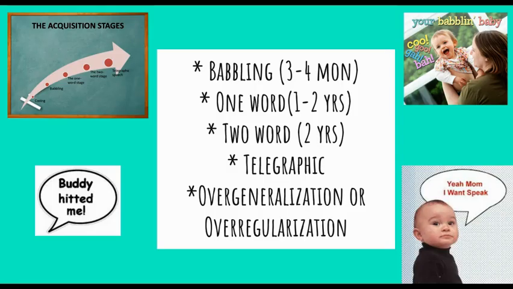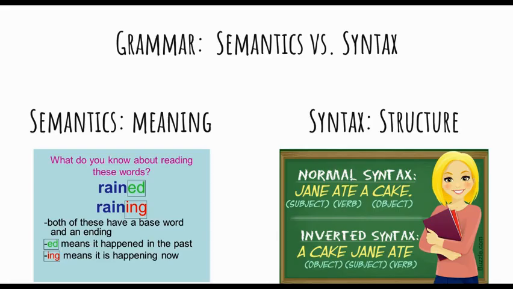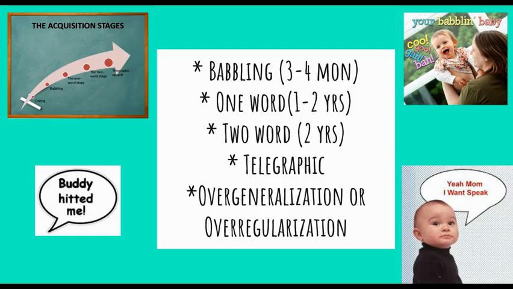We also find that overgeneralization, also called overregularization, occurs in speaking. Children might say, "Buddy hitted me," where they are using those rules that they learned and overgeneralizing them, applying them to words that shouldn't have them.